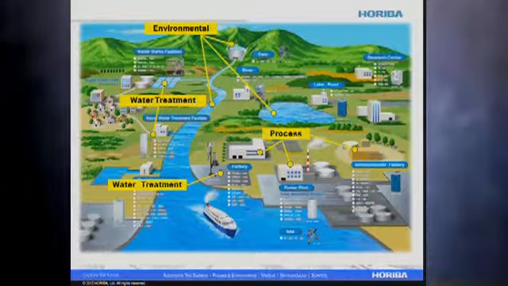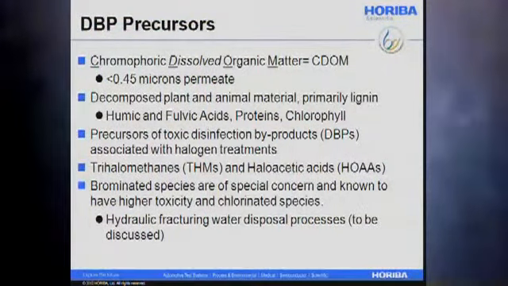They're associated with wastewater treatment, drinking water treatment, various industrial processes, semiconductor and pharmaceutical industry, power plants, and desalination plants. So there's a wide variety of industrial and municipal applications for chlorine and other types of disinfection that generate these disinfection byproducts.